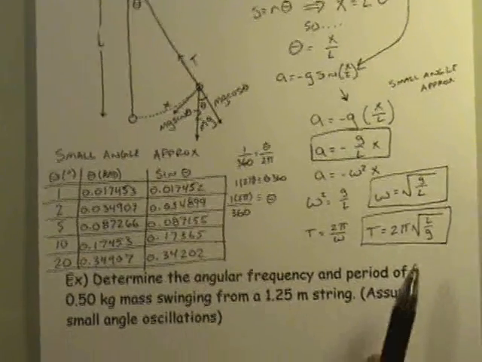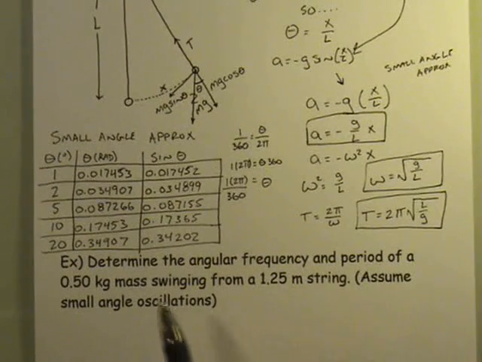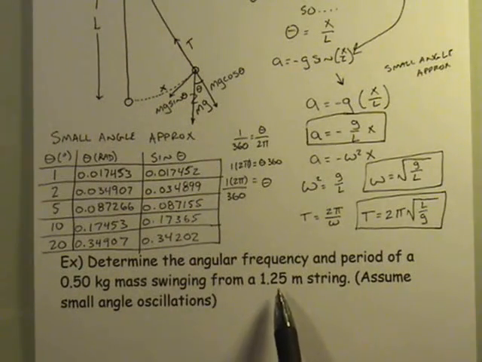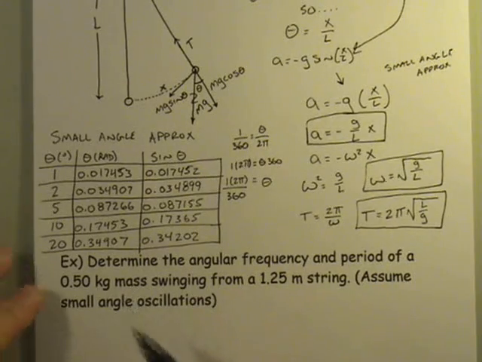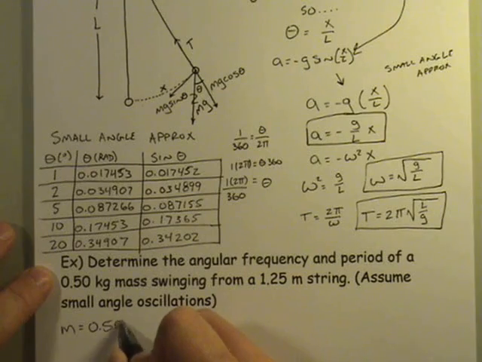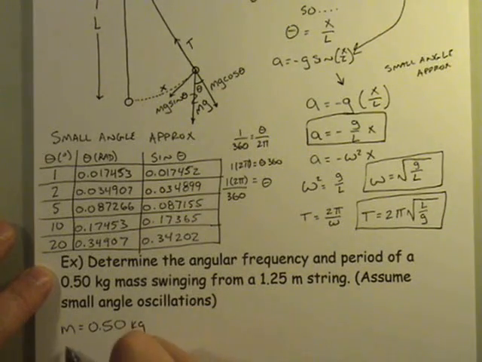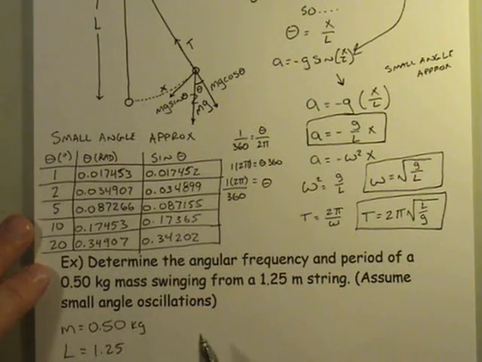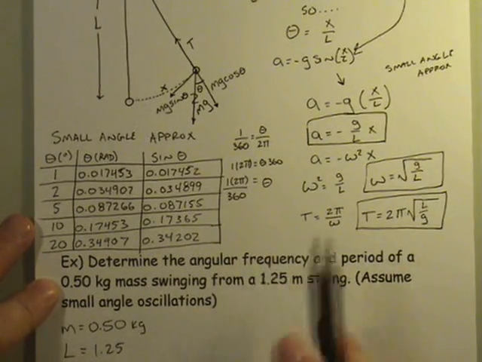So if we, for example, have a pendulum which has a length of 1.25 meters and a mass of 0.5 kilograms, I should say, and L is 1.25, then we can calculate the angular frequency.